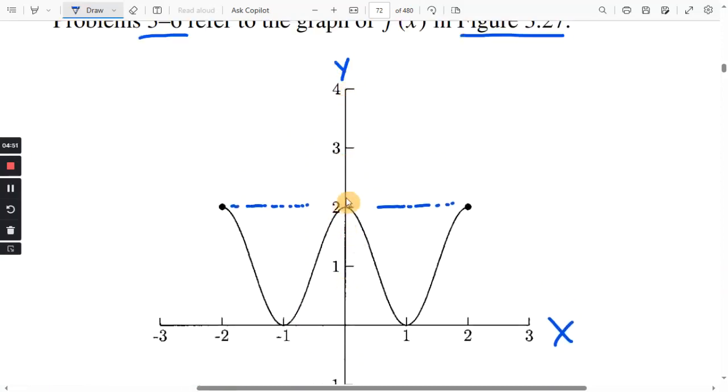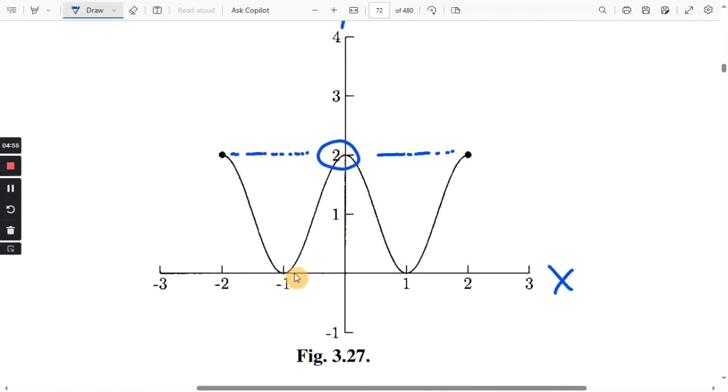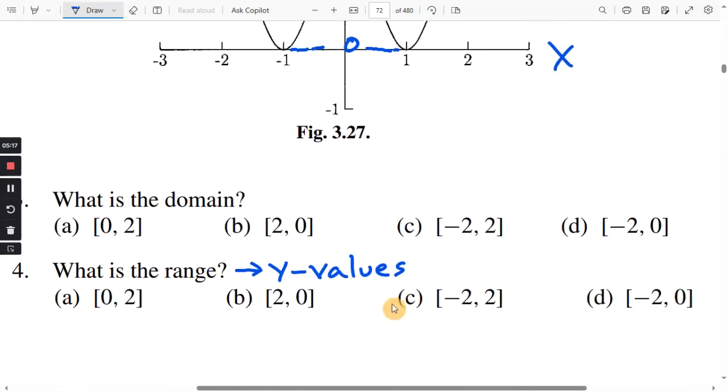So the highest point is at 2, and the lowest point is down here, both of the lowest points. This is y equals 1. This is y equals 0. So it runs from 2 to 0, and it includes 2 and 0. So it's just 0, comma, 2 with the square brackets. So that is answer A.